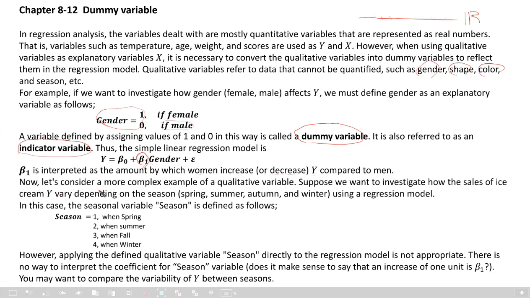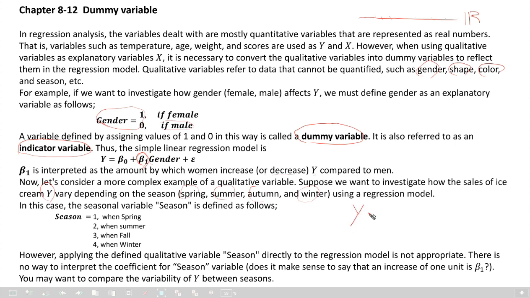Now let's consider a more complex example of a qualitative variable. Suppose we want to investigate how the sales of ice cream y vary depending on the season, spring, summer, autumn, and winter, using a regression model.